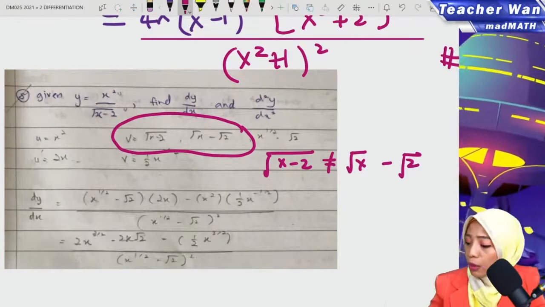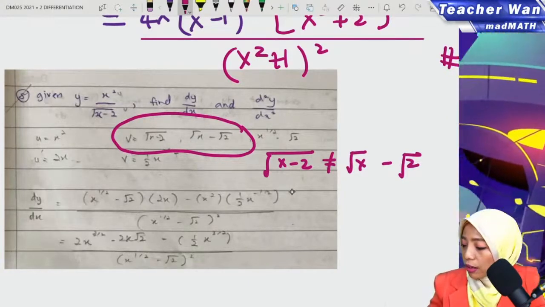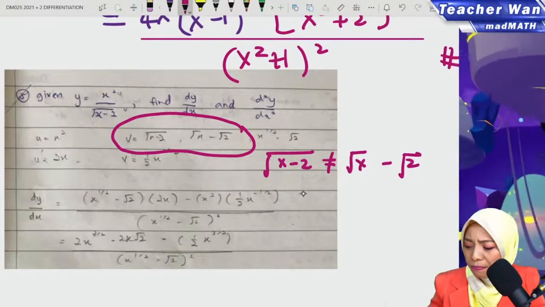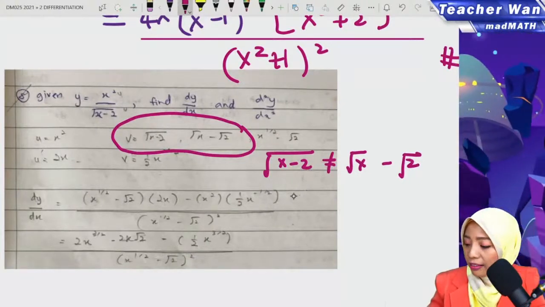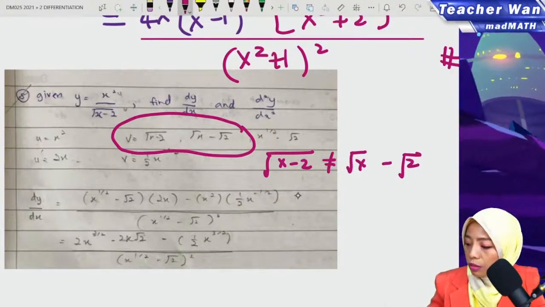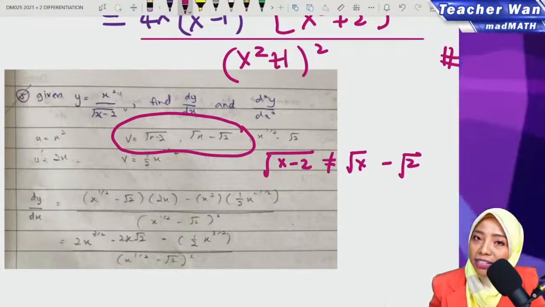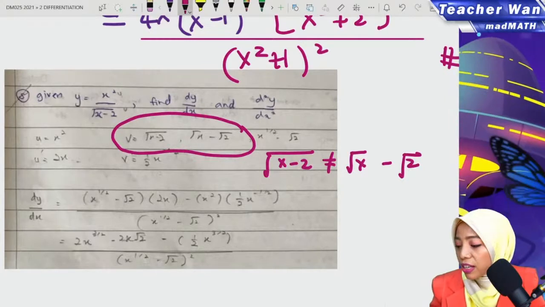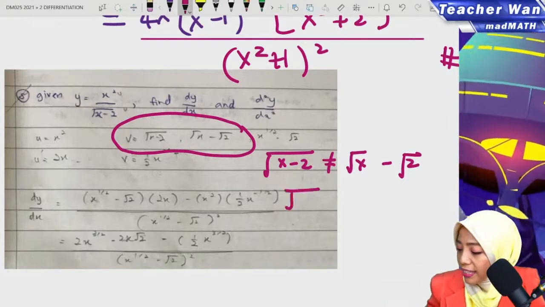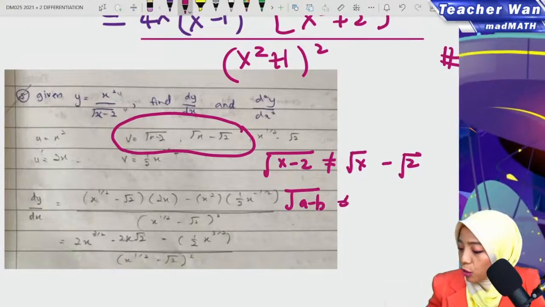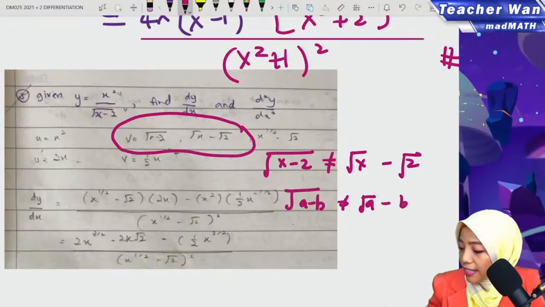For example, you substitute a value, say 10 minus 2, what do you get? If you substitute the value, it is not going to give you the same answer. You check yourself. This is very wrong. The set A minus B is not equivalent to set A minus set B.